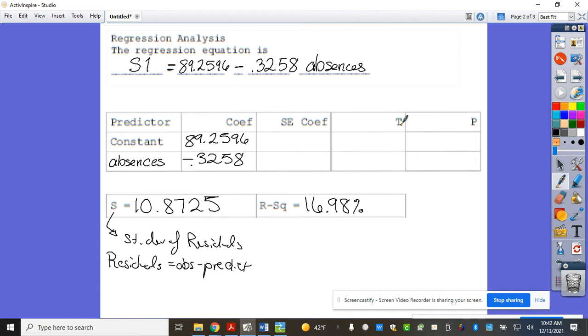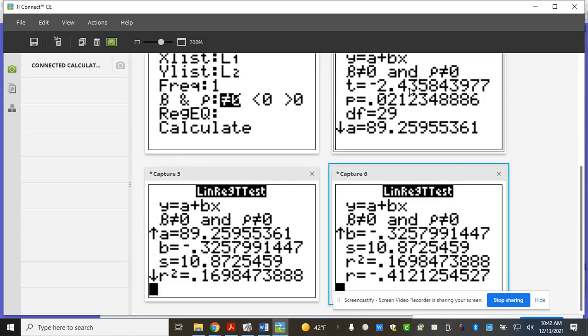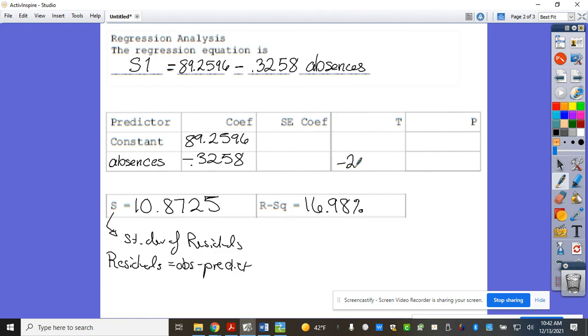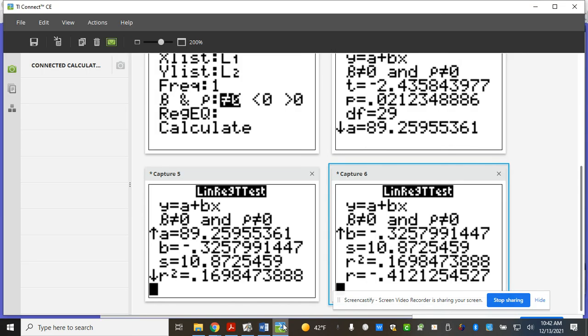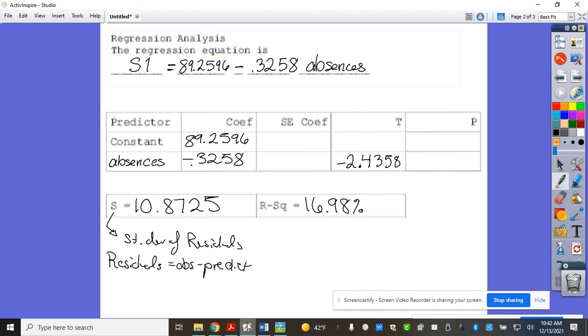So are we running a test for slope or y-intercept? Slope. So I'm putting negative 2.4358 right there. My p-value for that is 0.0212, which we said is always for a two-tail.